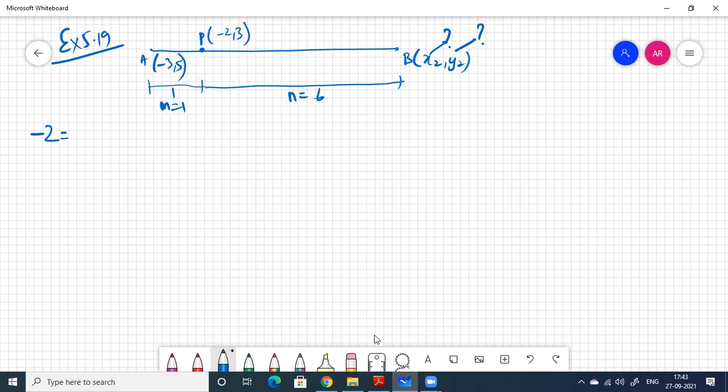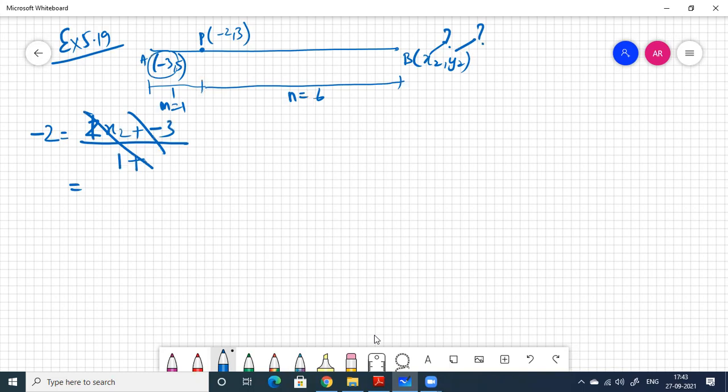Minus 2, which is x, is equal to (m x2 plus n x1) divided by (m plus n).